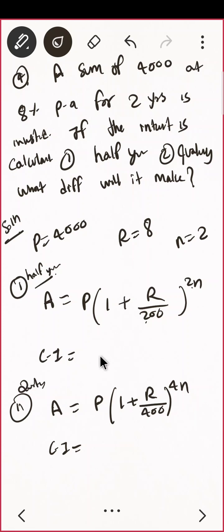And in the last, you have to see which one is giving more profit. Correct? Which one is giving more interest? That will be the good thing to invest in, either quarterly or half yearly. Mostly it is quite clear that quarterly will give more, because in quarterly the interest is calculated 4 times.